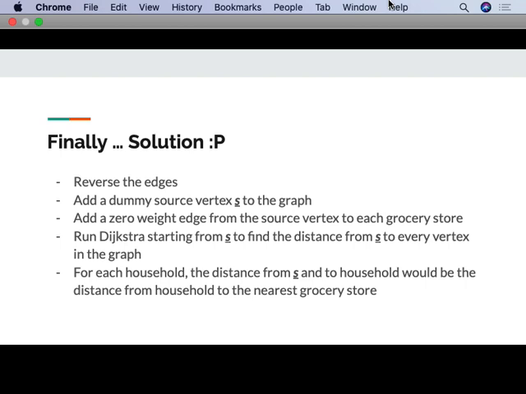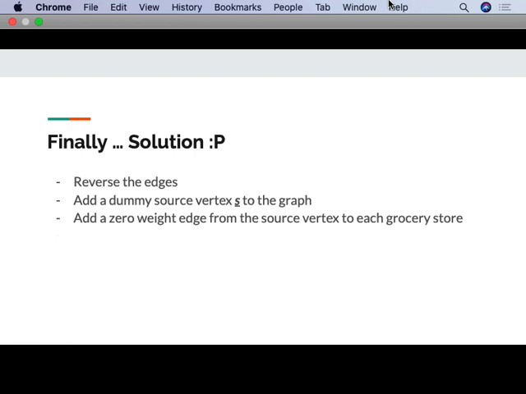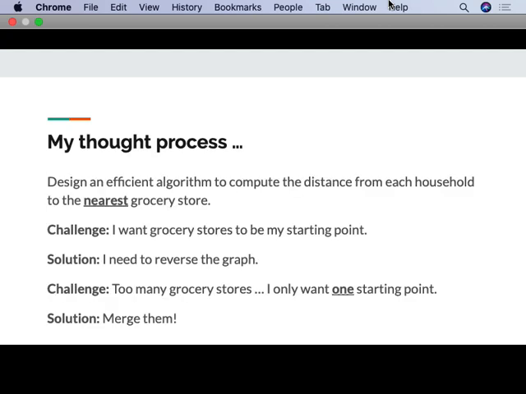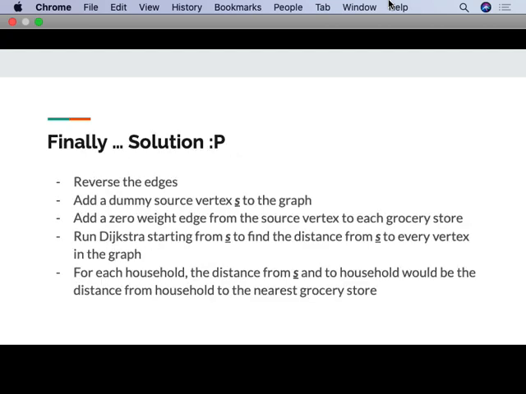It's because you want to run a distance check from grocery stores to houses, right? If you don't reverse the graph, notice that if this is a problem with directed edges, then you only retrieve the distance from house to grocery store, right?